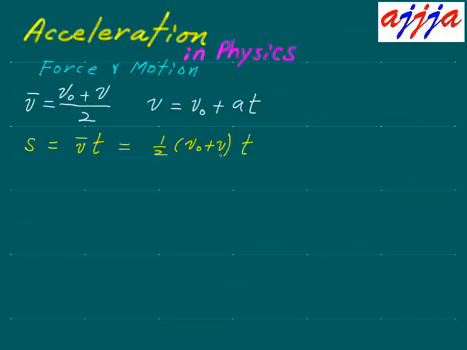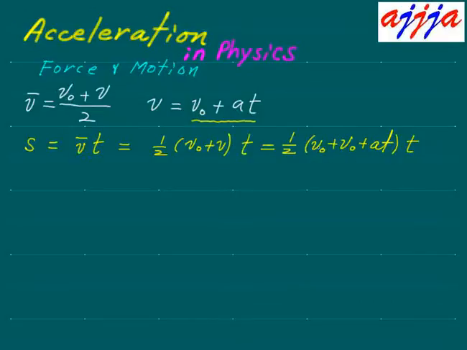Also, instead of v right here, velocity, I'm going to substitute this one. So this is going to be half, then v0 plus, instead of v, initial velocity v0 plus at, then t.